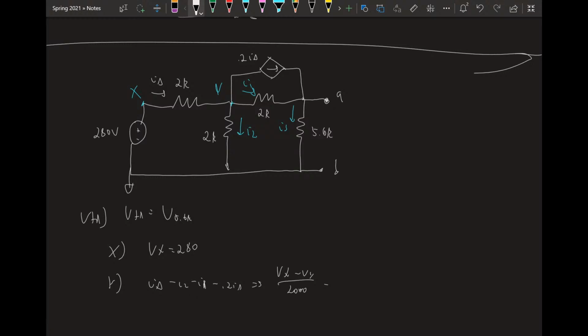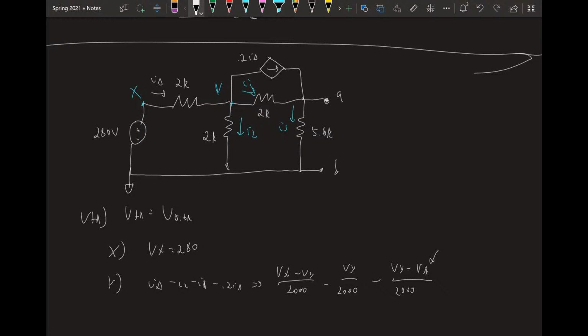This is what we want to solve for, right? And we have minus 0.2 I delta, which we already solved for earlier: Vx minus Vy over 2000, right? There's Y. And let's solve for node A now.